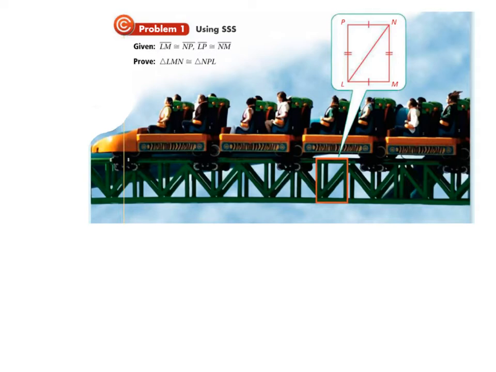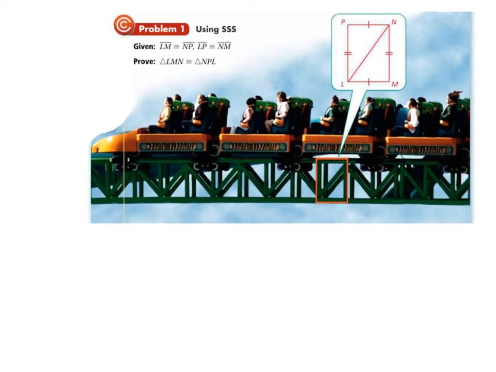And here's the example. You've got, as a little diagram, these triangles here, separated by this support beam here. Okay, so you've got these triangles, and we know that this side is congruent to this, and this side is congruent to that. That's given information. Prove that the triangles are congruent.